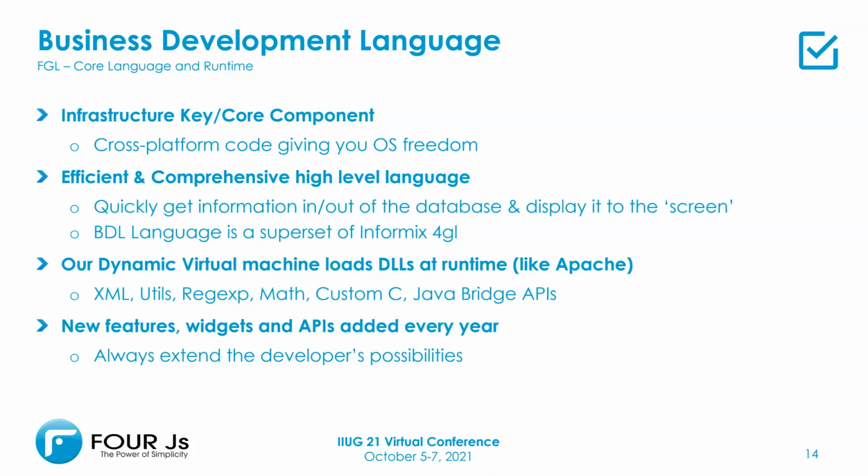It is cross-platform, and it promises to do exactly what Informix does, which is getting information quickly from the database and displaying it to the screen. And then we're adding a ton of features.